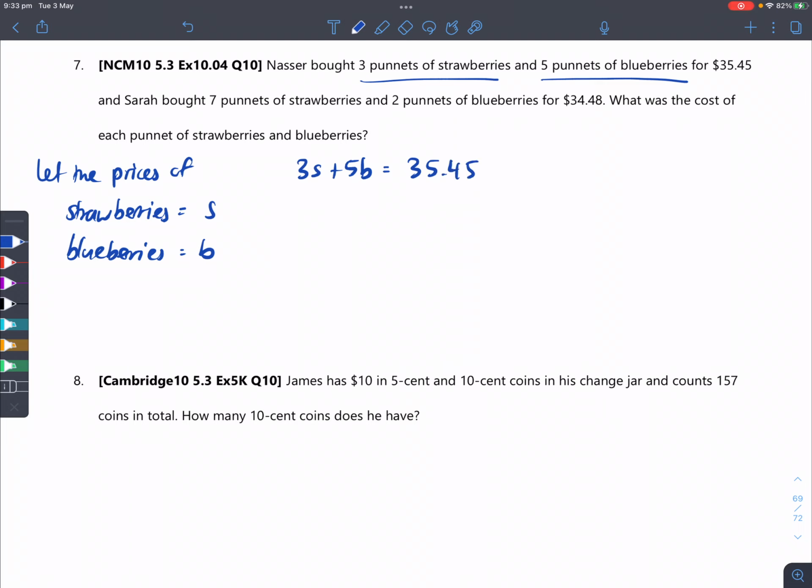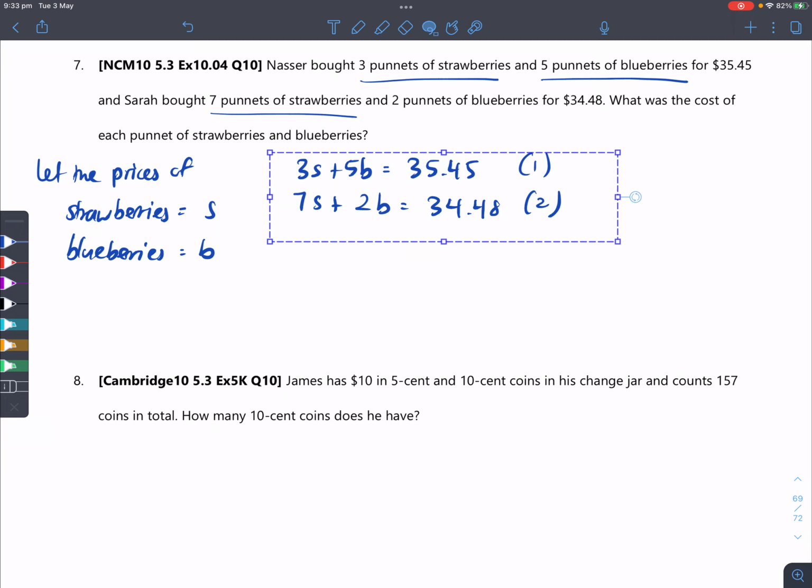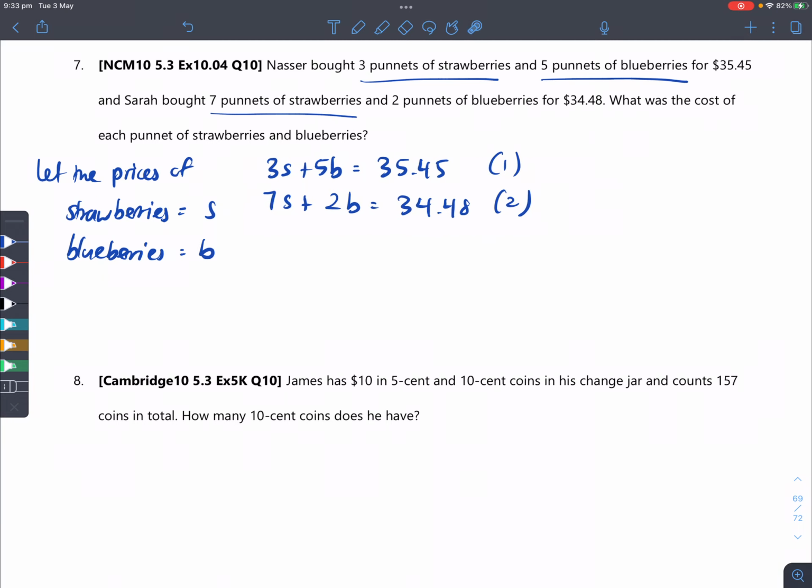Whereas Sarah has 7 punnets of strawberries, so 7S plus 2B, and that's equal to 34.48. So there's my 2 equations. Now, what I'm going to do is find the lowest common multiple of the B's, which is 10, between 5 and 2.